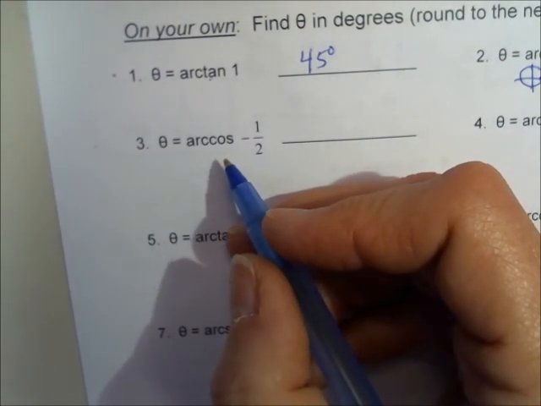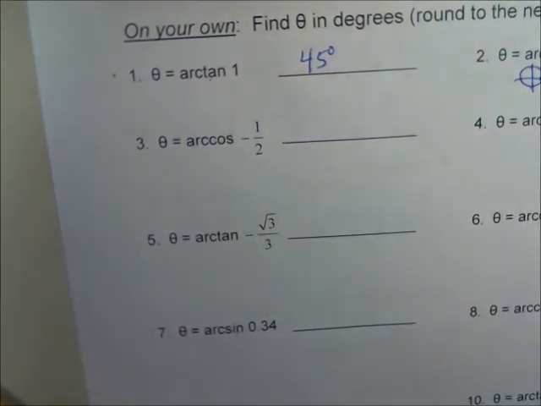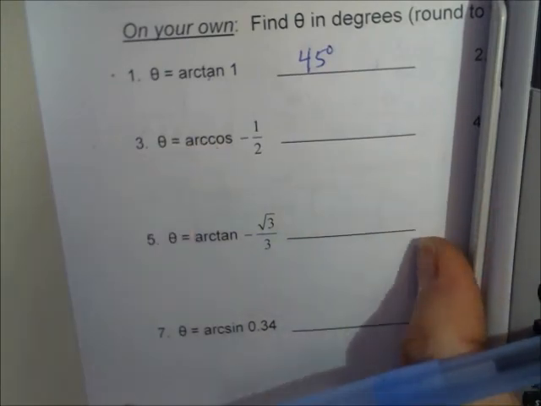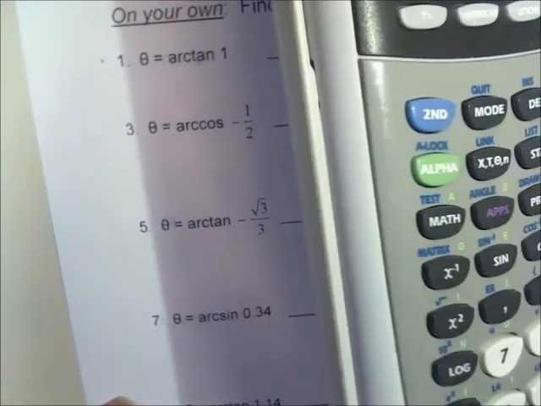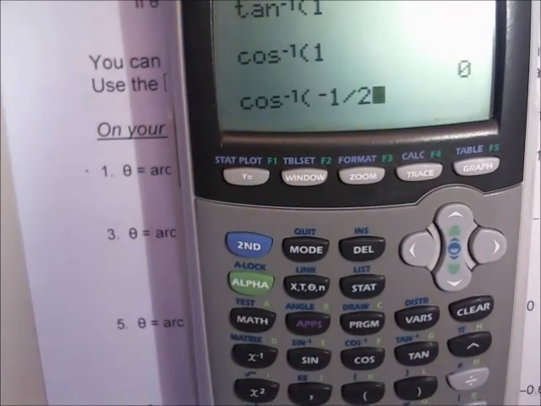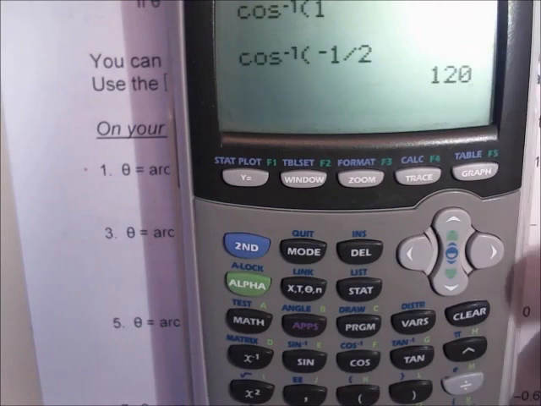Now, what's the angle who has a cosine that's -1/2? Well, there's a couple of answers, but our calculator will give you one. Arccosine is just slightly different than inverse cosine, but arccosine of -1/2 will give you the quadrant 2 answer of 120 degrees.